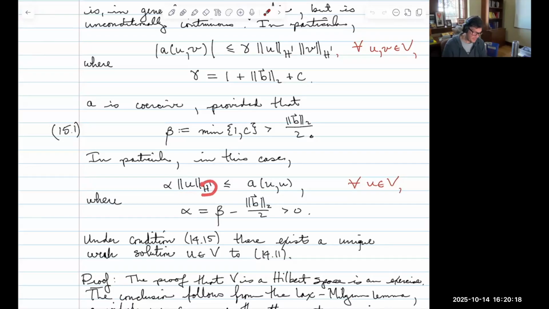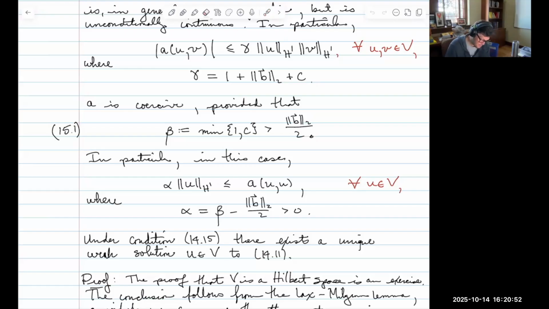Of course, we're measuring the norm in H1 because we're working in the subspace of H1, where alpha is equal to beta minus the Euclidean norm of B over 2. Now, how do I know this is positive, which is what I need for coercivity? It's positive because my assumption is that beta is greater than this quantity here, and that makes alpha a positive number.